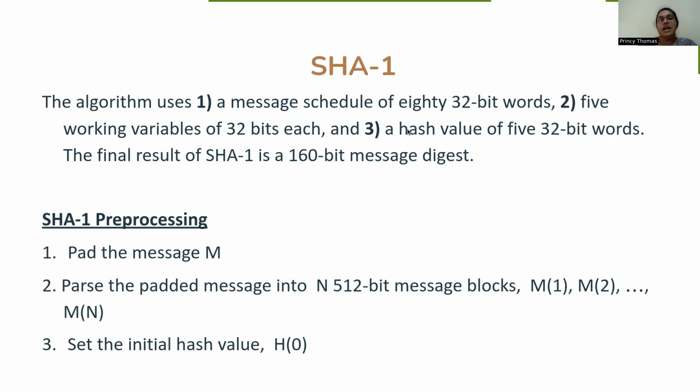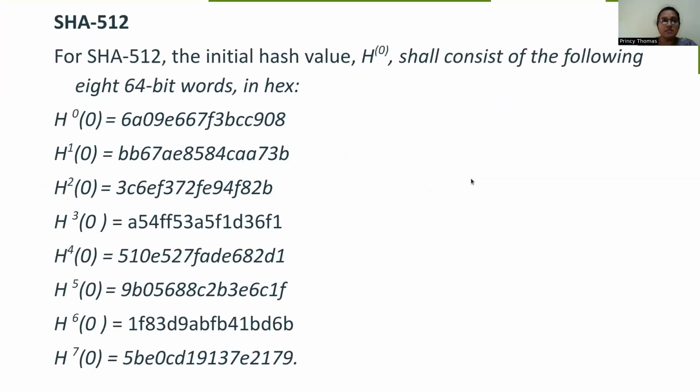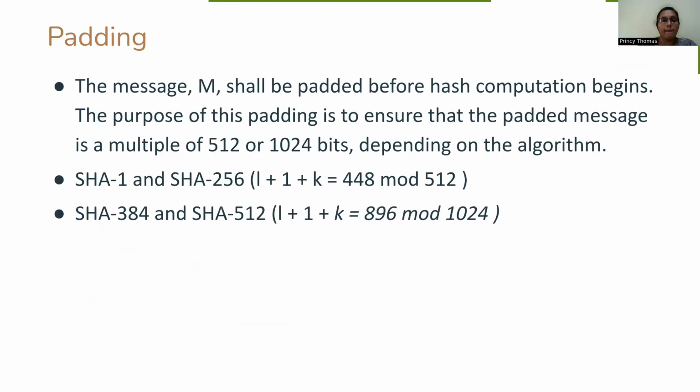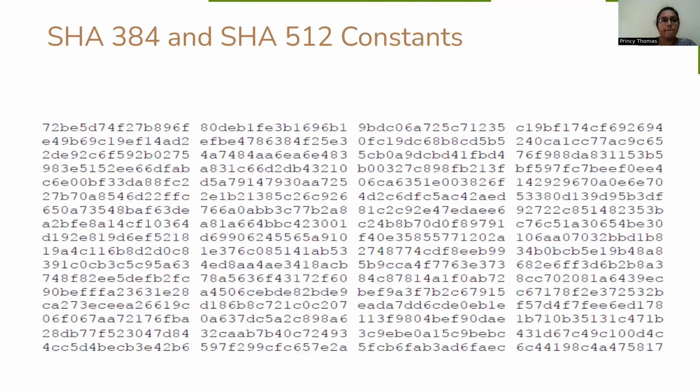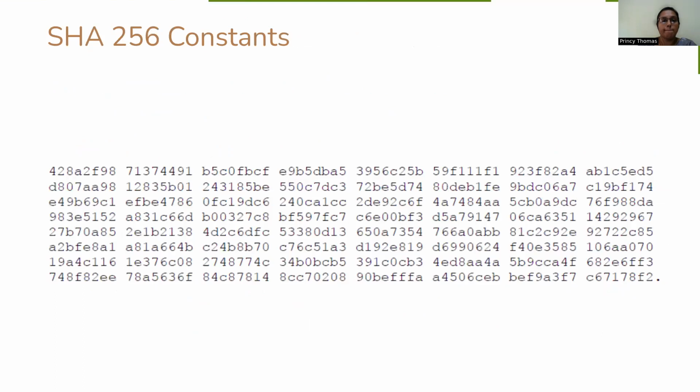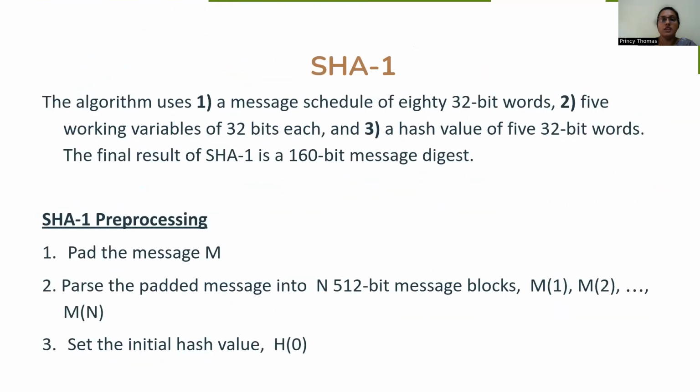And a hash value, that is this. These values, these constants. Okay, so there are 5 working variables and 5 hash values of, this is not 5, this is 4 working variables and hash value of 5 32 bits. The final result for SHA-1 is a 160-bit message digest.